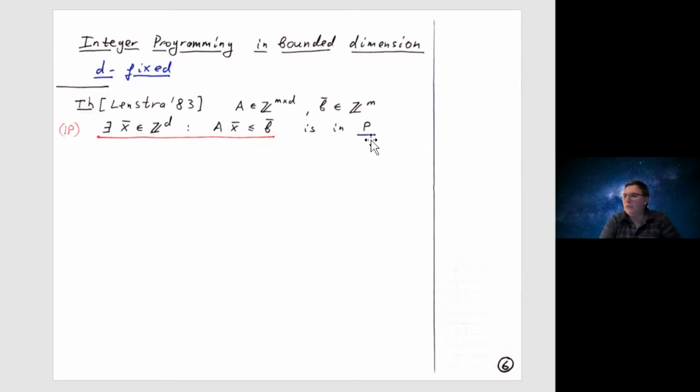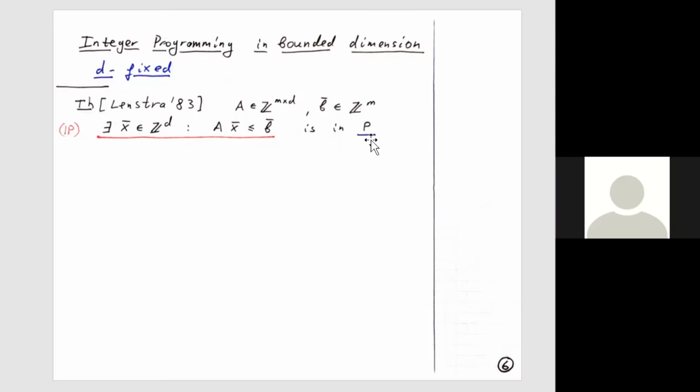Is everyone okay with this? I'm going to show a picture in a minute, but any questions about this? I wanted to ask a question. So here, is P with respect to M growing, or with respect to the numbers in matrix A growing, or both?